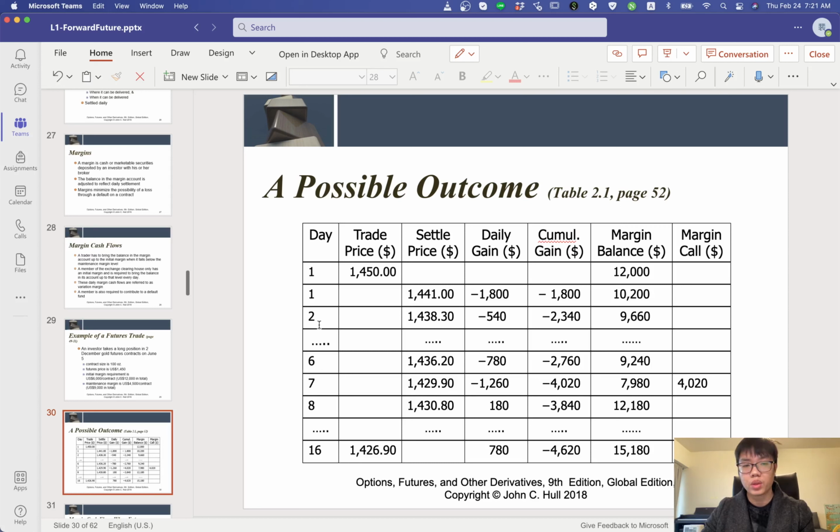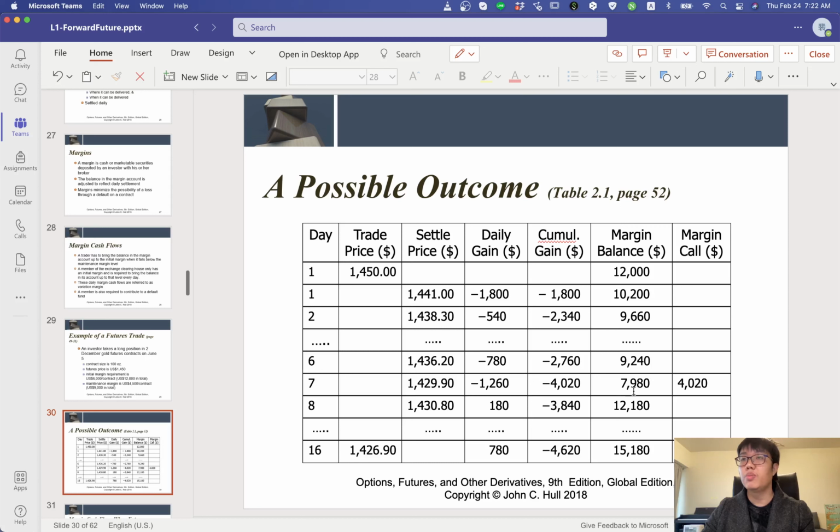So we continue this process until day 7, and you see that we also lose money now, right? In total we lose more than 4,000 already. If you look at the margin account, since the beginning we have lost more than 3,000.